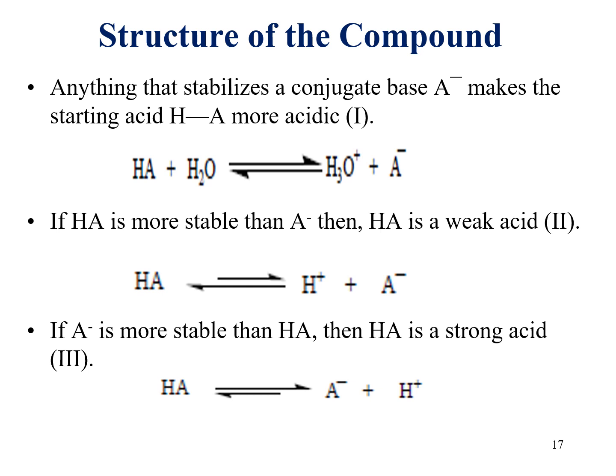When an acid loses a proton, it becomes a conjugate base. So anything that makes this conjugate base stable is going to make the acid strong. When the acid is more stable than the conjugate base, the acid is a weak acid, while when the conjugate base is more stable than the acid, the acid is a very strong acid.